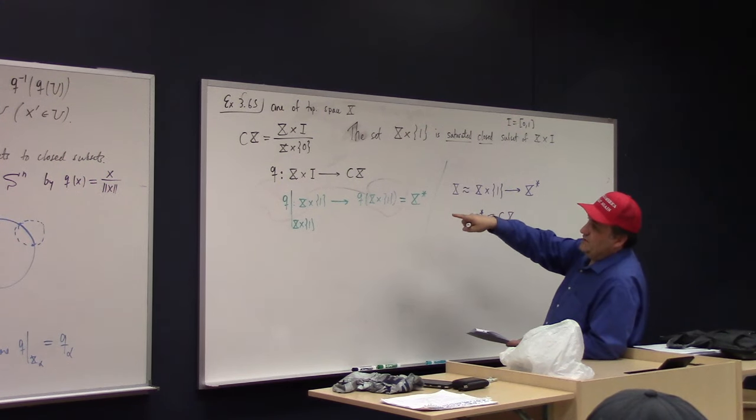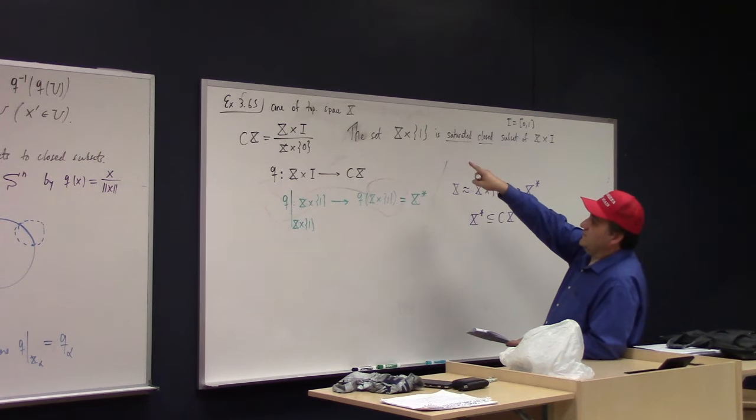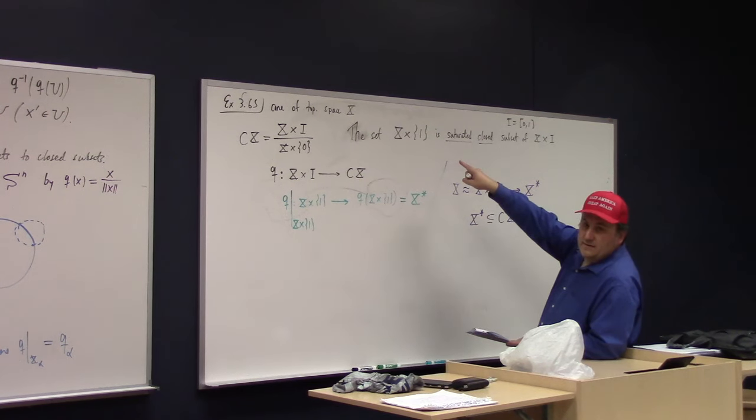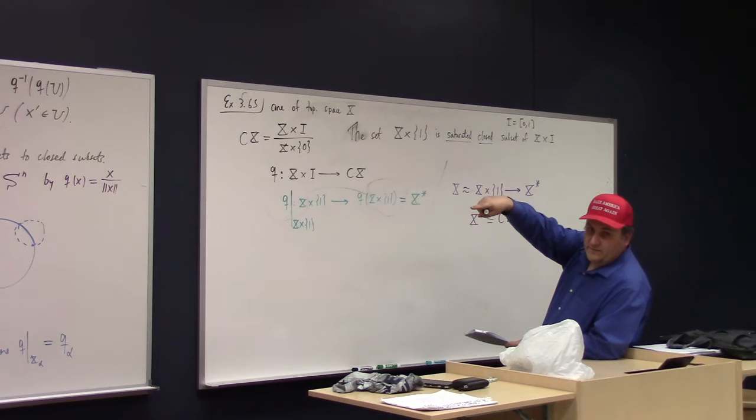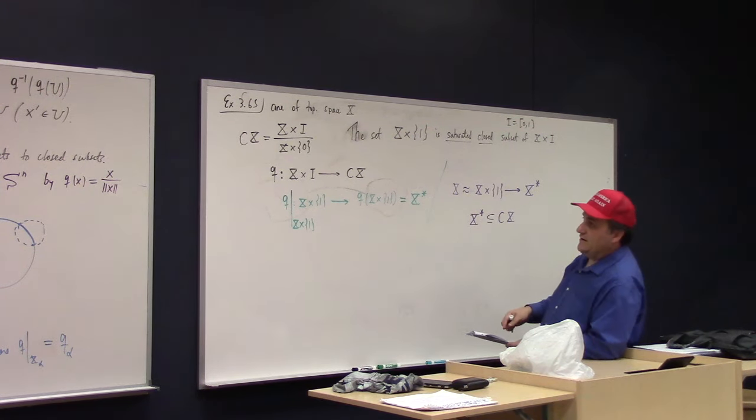The reason this is a quotient map is because the set X Cartesian product with 1 is a saturated closed subset. Therefore, by the other theorem we have over there, if you restrict to a saturated closed subset, you get a quotient map.